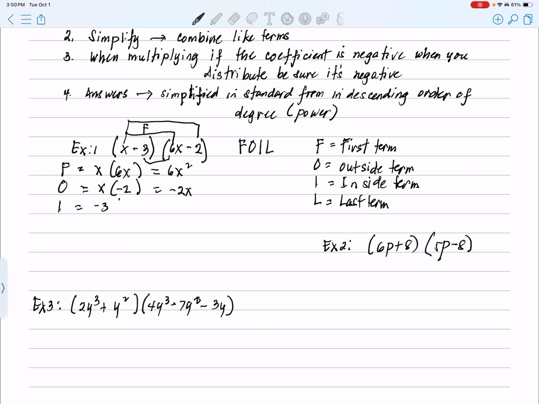Negative 3 times 6x, that is negative 18x. Then the last term would be negative 3 times negative 2. That is positive 6.